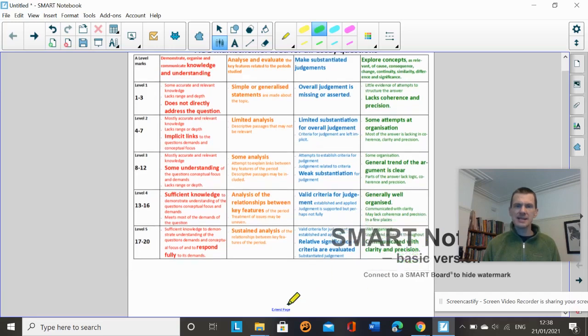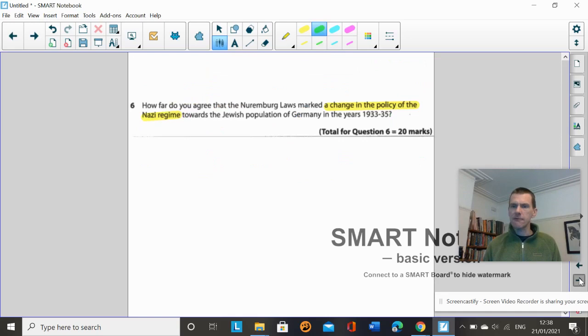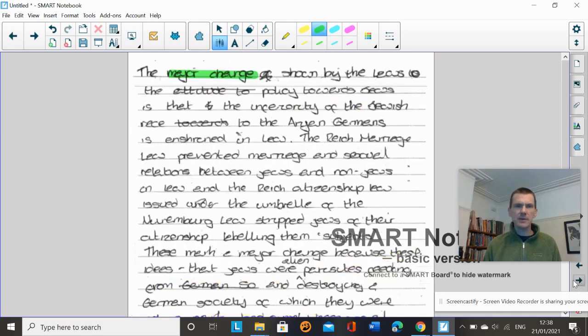But we can certainly say at the start, even without reading the essay, that it's generally well organised and that they're communicating with clarity where their answer is going, because of the introduction and because of those opening lines of each paragraph. So let's have a look at what they argue then.